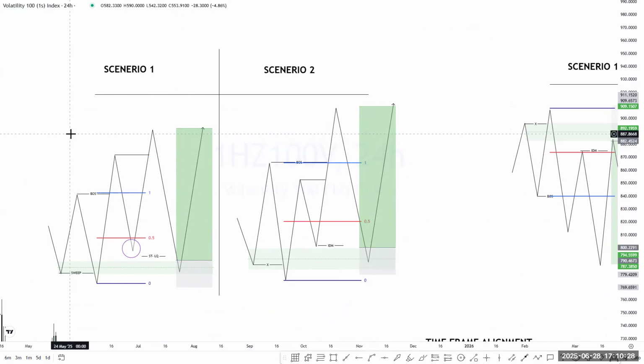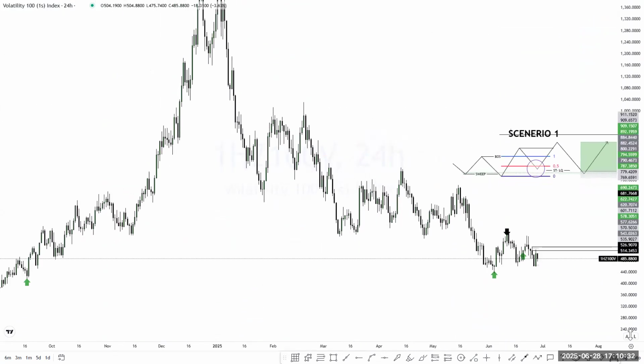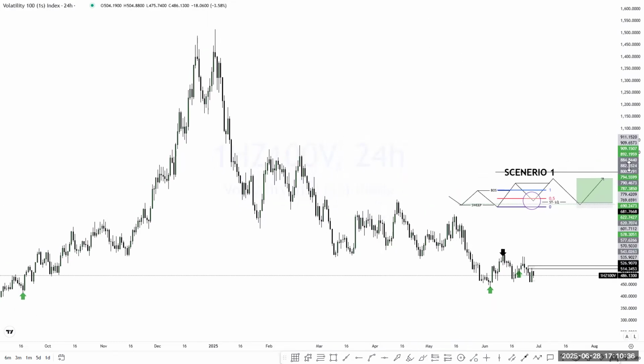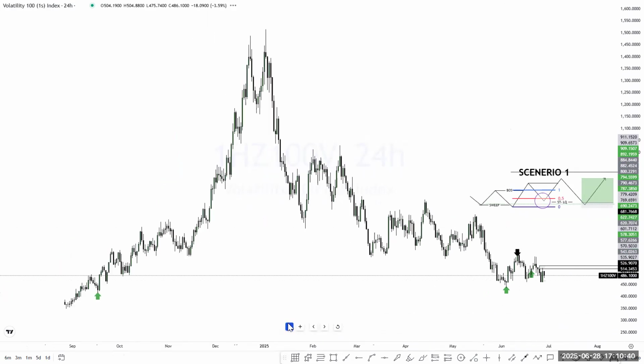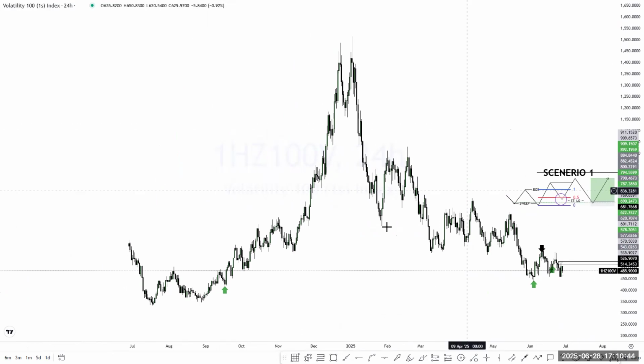So now this is the 24-hour on Volatility 100 (1s). So what can you see on the chart? From what we have on the chart, you can see that this guy has been pushing up, and you need to see like an eagle, right?